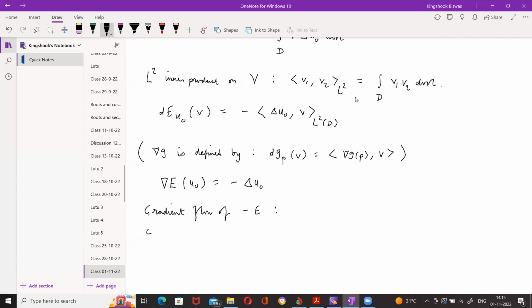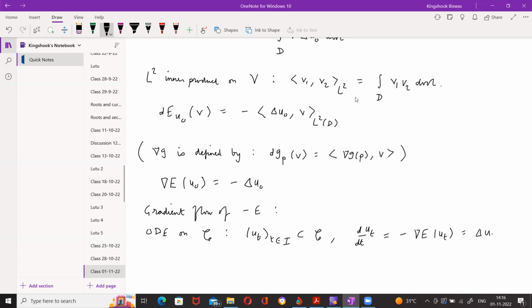This is going to be an ODE on the space C. An ODE on the space C means we have a curve u_t in the space C, and we want that d/dt of u_t is equal to minus grad E of u_t. And minus grad E of u_t is equal to the Laplacian of u_t.